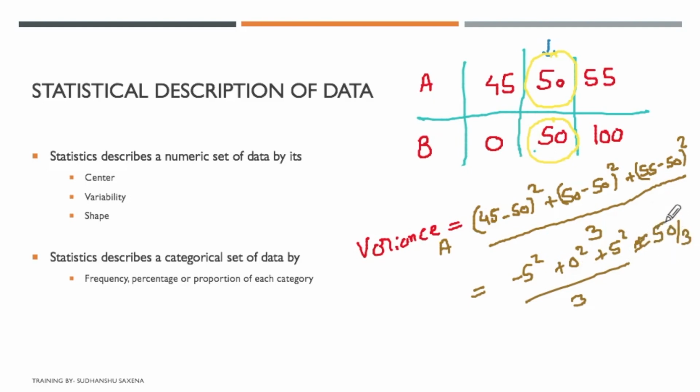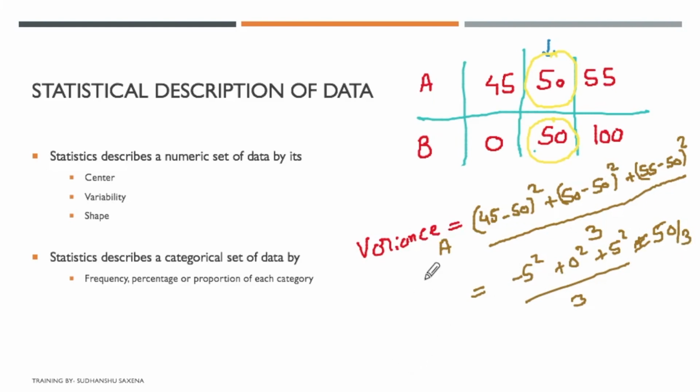This is the variance of the data, which is the average of the squared differences from the mean. I wanted to find out how my data is varying, so I see that 50 by 3 is, on average, the squared difference of the values varying from the mean.